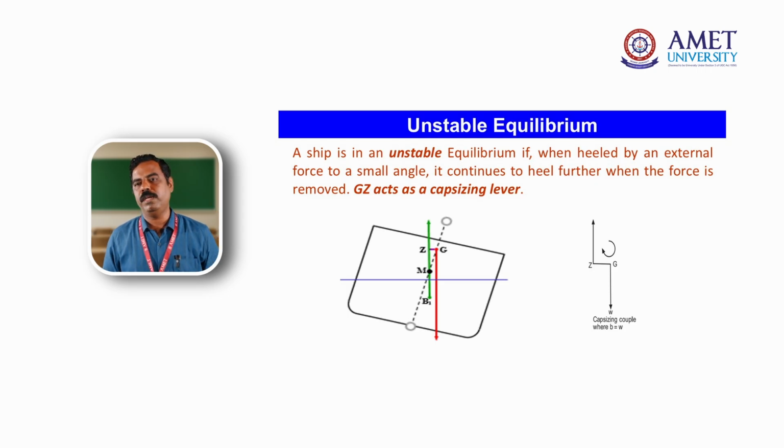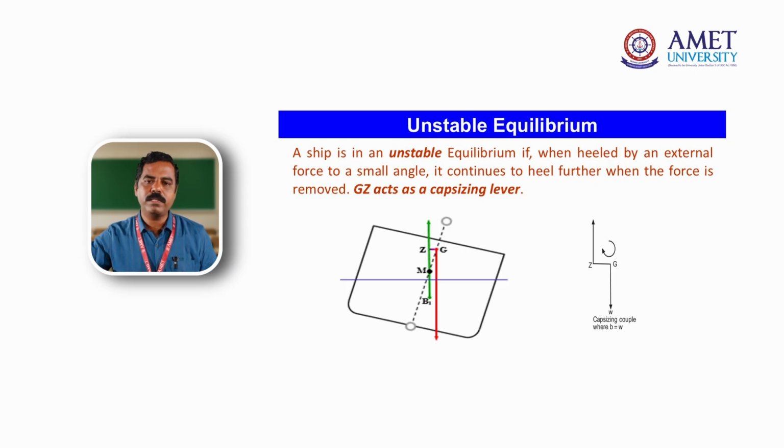So what will happen? This is explained as a couple, one couple with two forces: one is the buoyancy force and the other is the weight force. This forms a couple, which rotates the vessel in the clockwise direction.